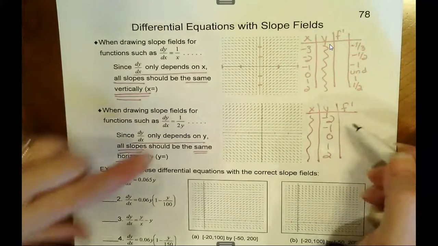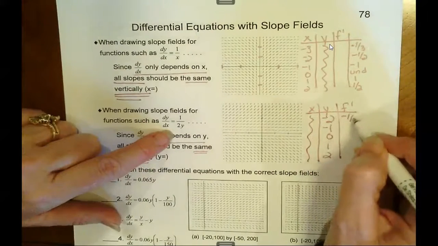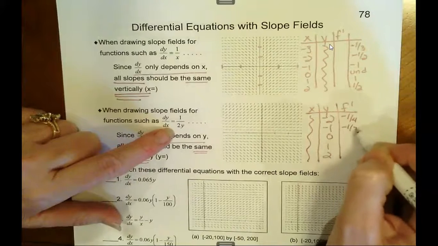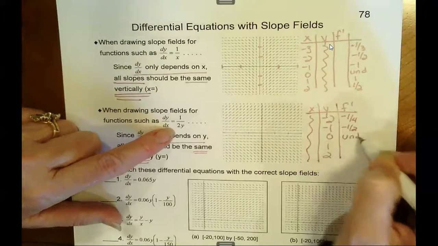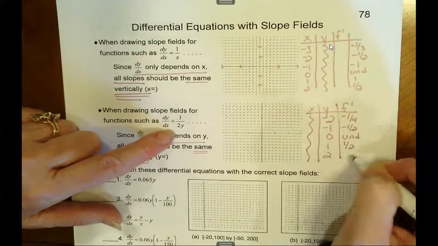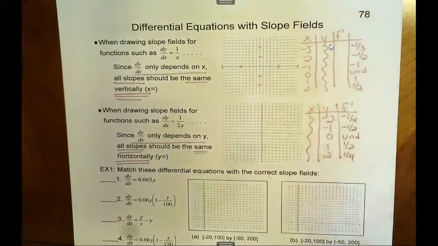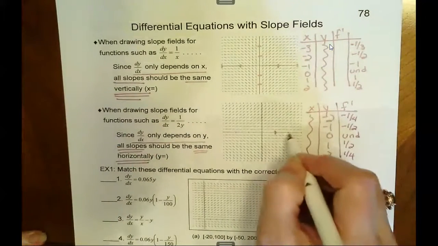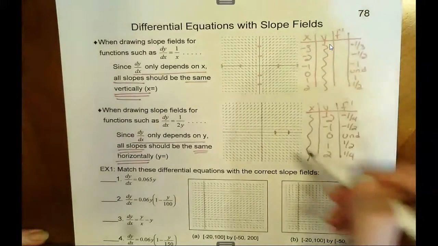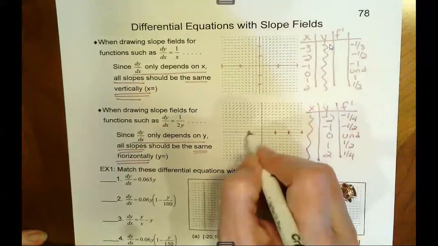So if I put in -2, I would get -1/4, -1, -1/2, 0, undefined, 1, 1/2, 2, 1/4. And again, you can see there's some little hash marks in here.